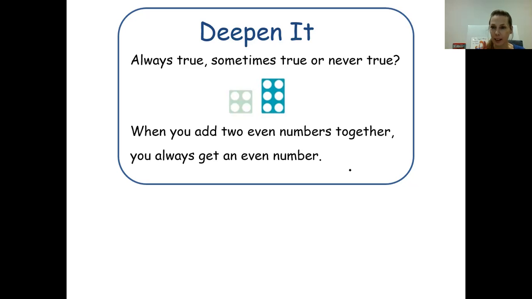Okay, and is that always the case? So when you've done your 6 number sentences, have they all got an even number as the answer? Okay, if they do, you can put a tick on always true. If some of them do, but not all of them, you can tick sometimes true. And if none of them have an even number as the answer, then you can tick never true.